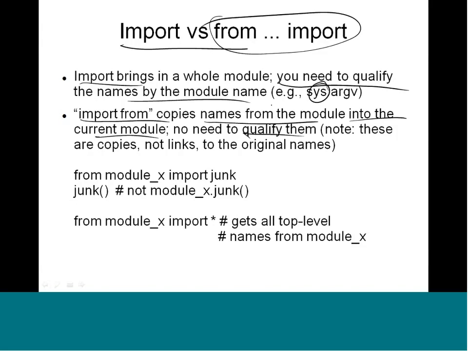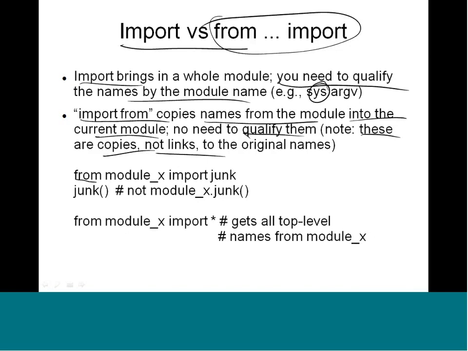And notice that these are full copies, not links. So essentially you can make changes and it is not going to override any changes to the original ones. You have your own copy, and your copy will be different from the one inside the module itself.